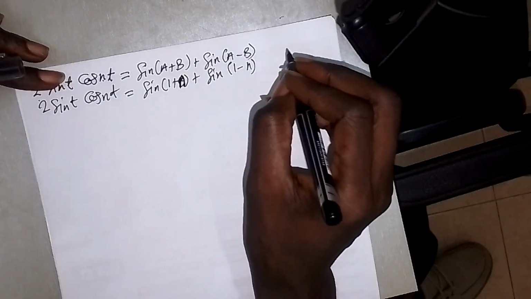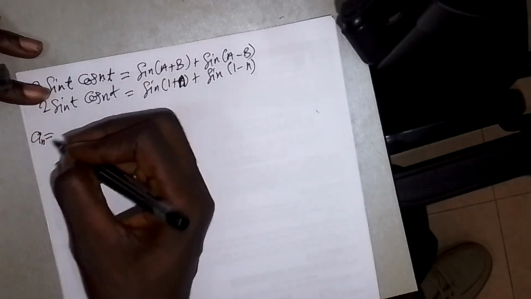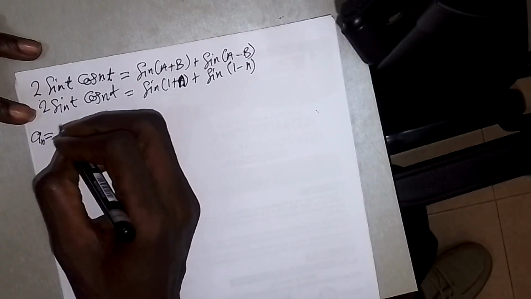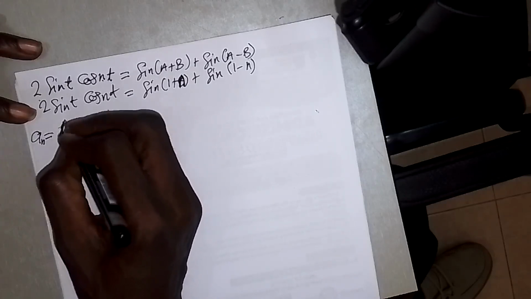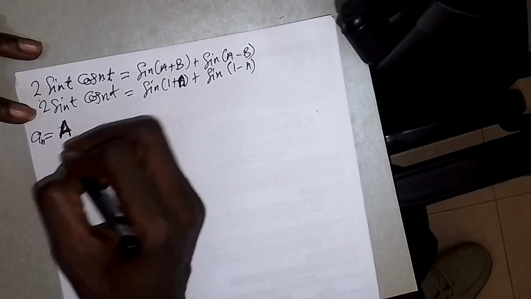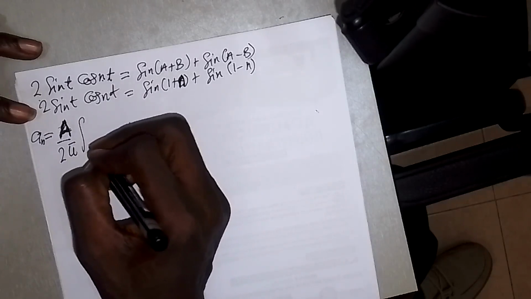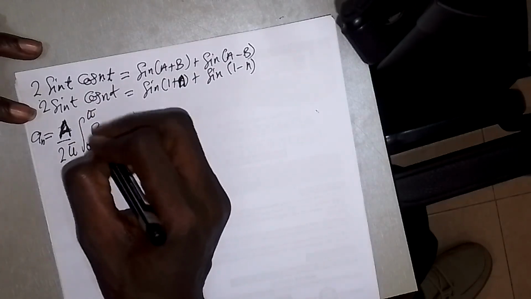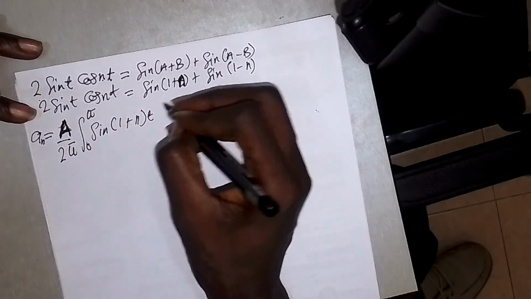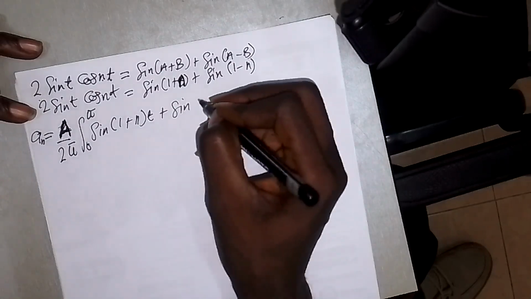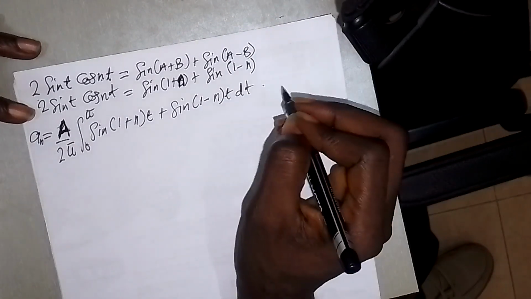So I'll just put that one into my function. Okay, so now I'll be having aₙ equals a over 2π, the integral from 0 to π of [sin((1+n)t) + sin((1−n)t)] dt.